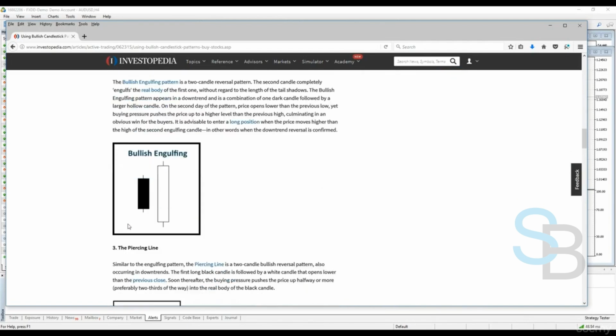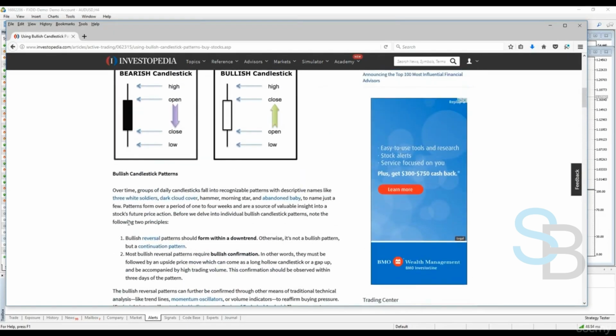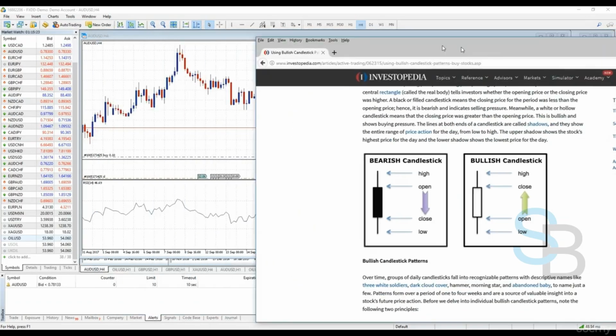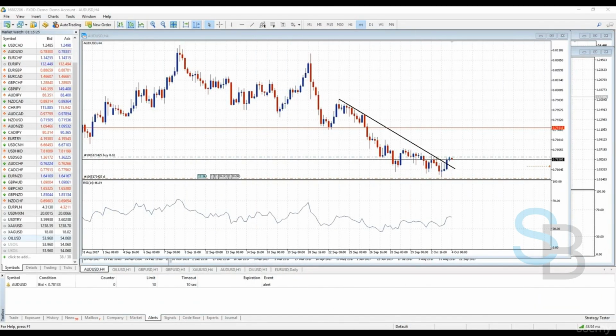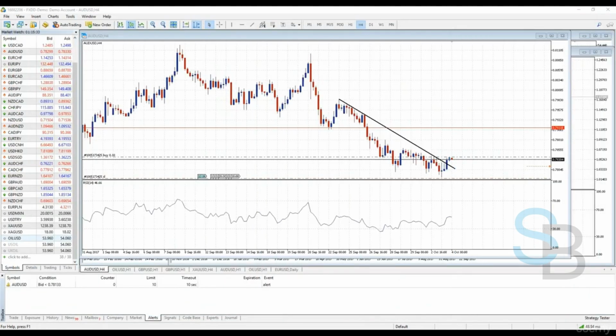It gives you the name and all that stuff, so you guys can go over to the site whenever you like and explore all of the different types of candlesticks and the names and get an understanding of what each of them represent, because it's good to understand them and see them in action, because then you can relate to some of the textbook stuff and see it practically and trade it accordingly.